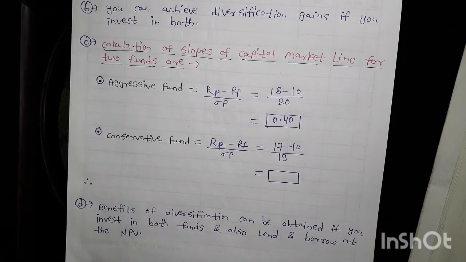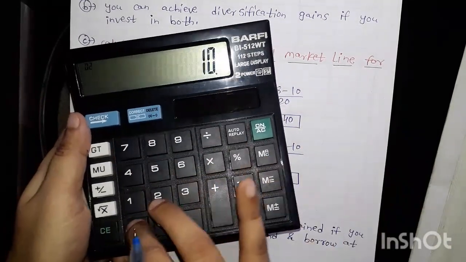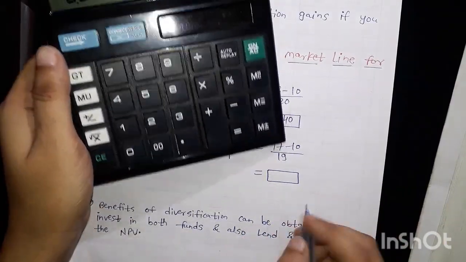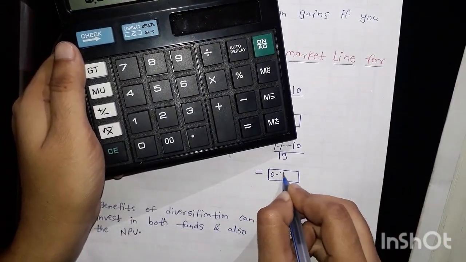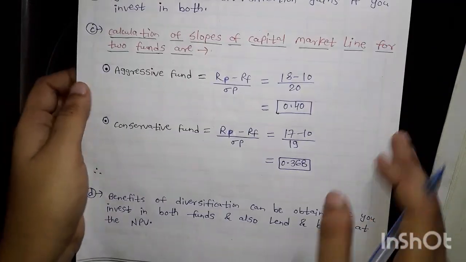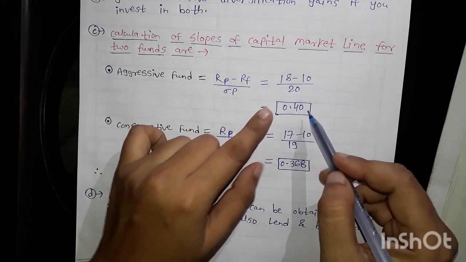Okay, so 17 minus 10 divided by 19. Here I will round off up to 3 decimals, so 0.368.